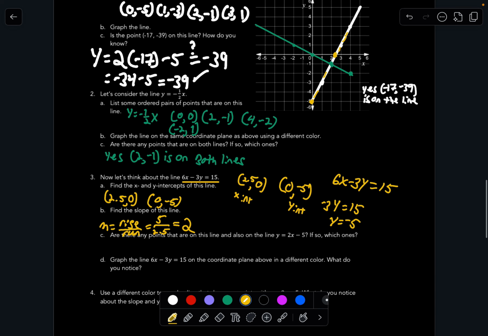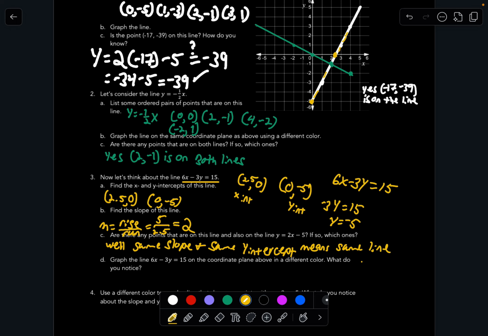Okay? Are there any points that are on this line and also on the line 2x minus 5? If so, which ones? Well, same slope and same y-intercept means same line.